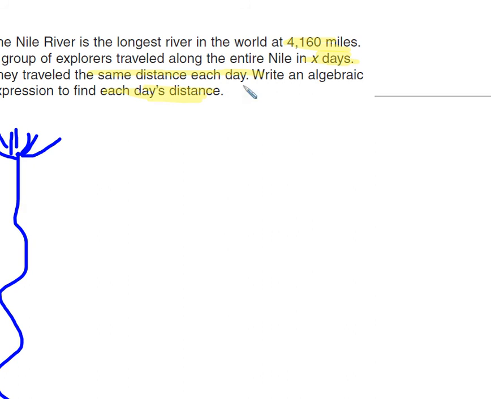So we're taking the Nile River, the total length, 4,160. And we're actually dividing it by the number of days they traveled. And that will give us how far they traveled. So if they traveled 2 days, we're dividing it into 2.